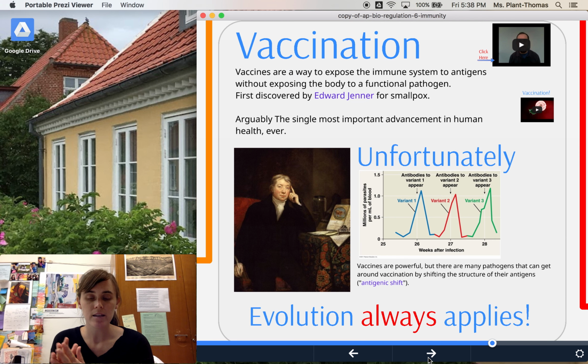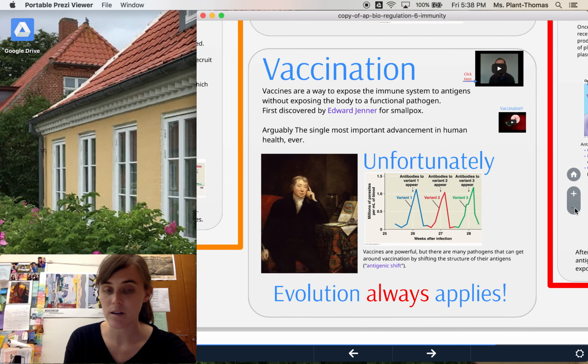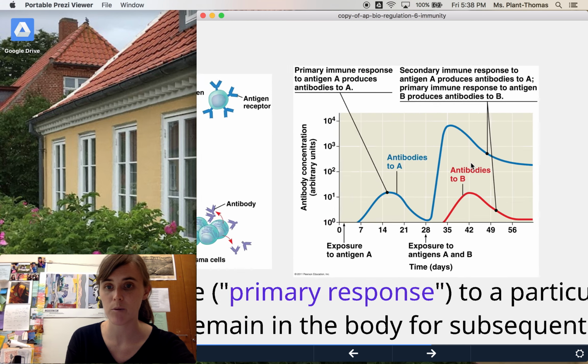And then last thing I'm going to talk about in this lecture is vaccination. This is what Brianna talked about in her presentation a few days ago. Remember, she talked about how Edward Jenner developed the vaccine for smallpox. So this was the invention of vaccination. And this all has to do with this idea that we looked at right here. So again, this figure, very important.